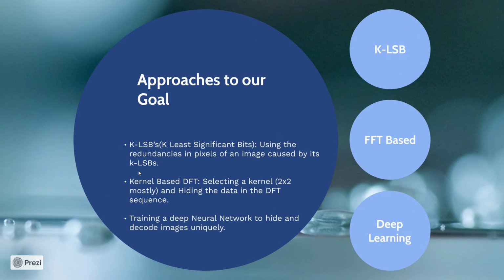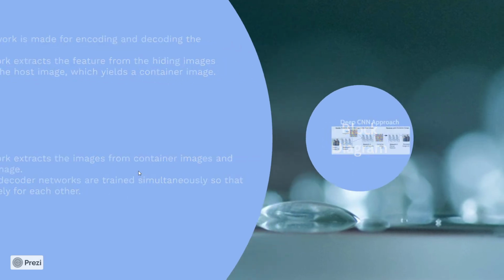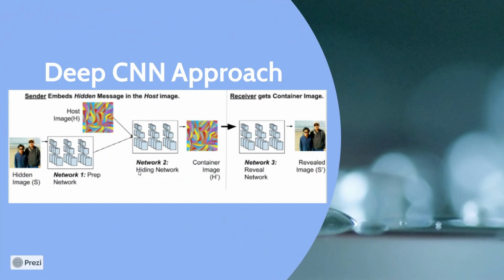The third approach is the deep learning approach. In this approach, we train a convolutional neural network to extract features from the hiding image, and then we hide them in the host image to form the container image. The CNN model for doing this task is made of two models.